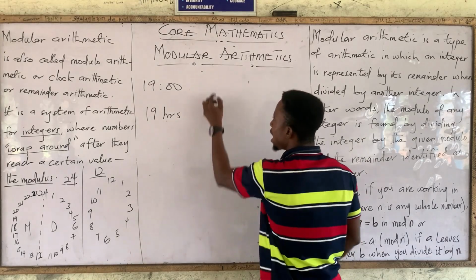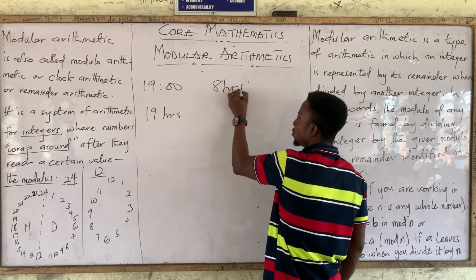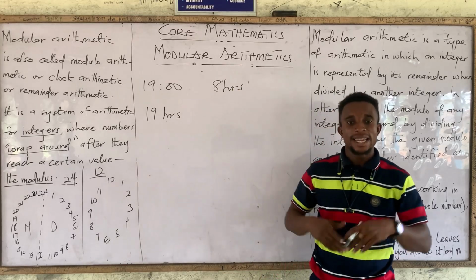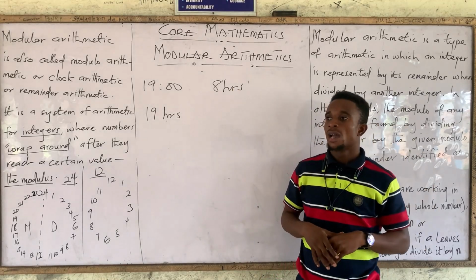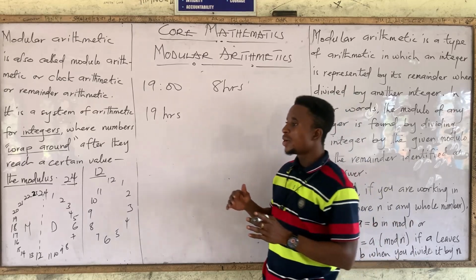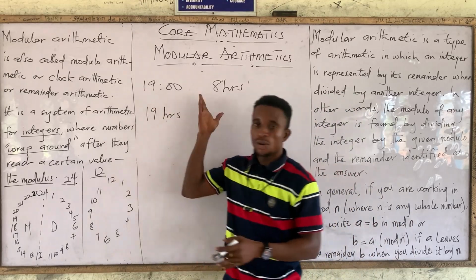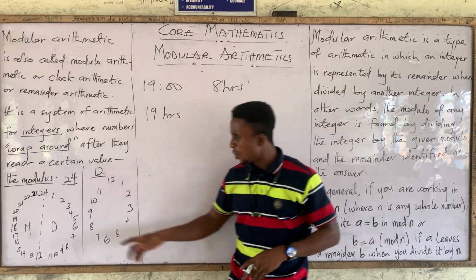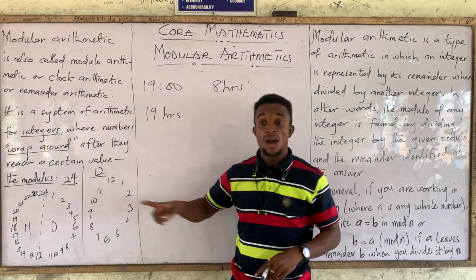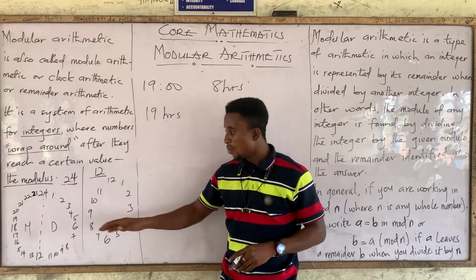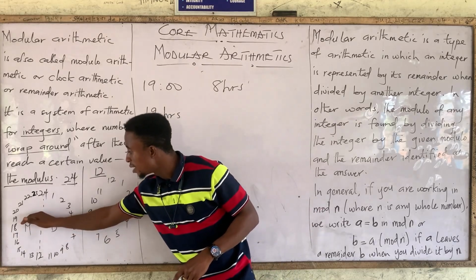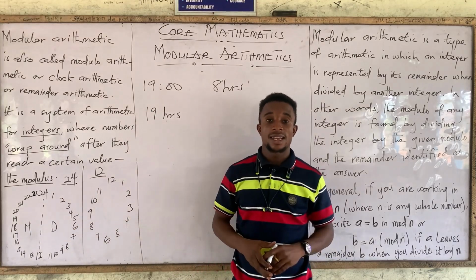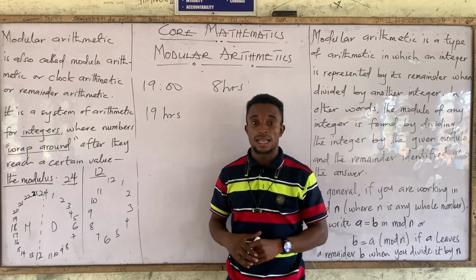In 8 hours time, what will be the time? Let's imagine we are starting a game at 19 o'clock. And we know 19 o'clock is in the 24-hour clock. We will come and see how to convert it to the 12-hour. You understand that?